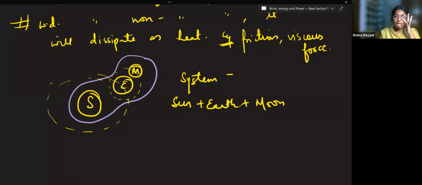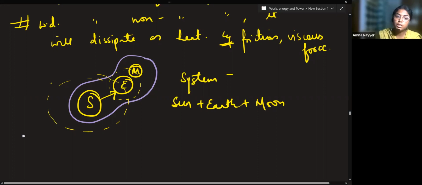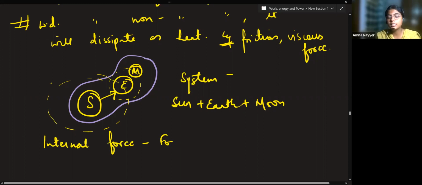So if the sun exerts a force on the earth, this is a force within the system, so you call it an internal force.